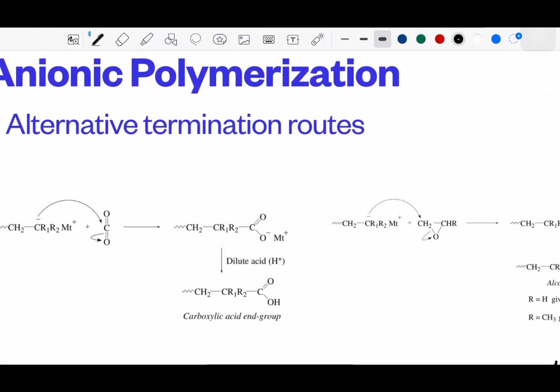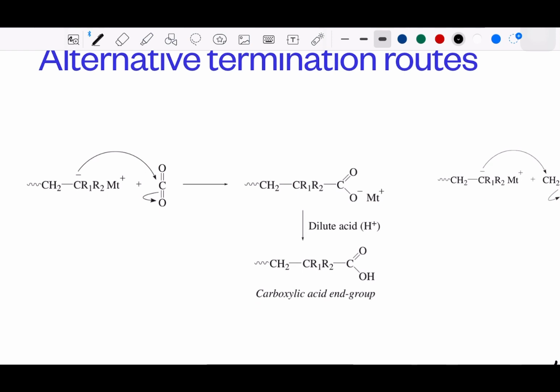And another route that we can have, as I mentioned, is we can dilute with acid, with HCl for example, and it ends with the carboxylic acid end group. The idea is still the same.